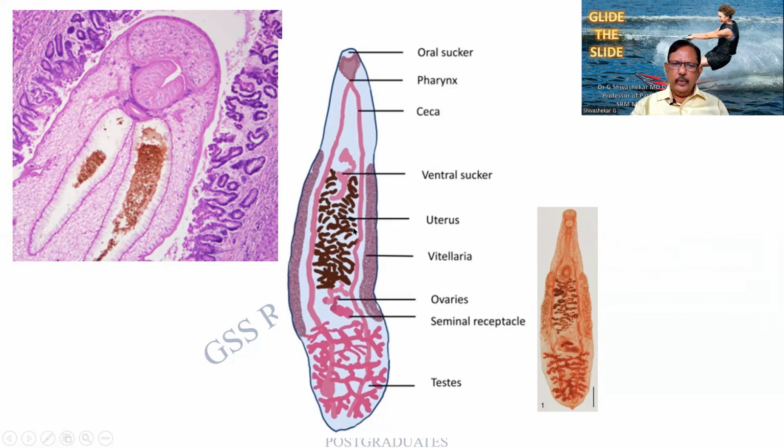And there is a uterus, there is a testis, in which case it happens to be a hermaphrodite. So obviously it is a parasite which has both the ovaries and the testis. So imagine the number of larvae or ova it can flood your system with. I hope you have made a diagnosis.